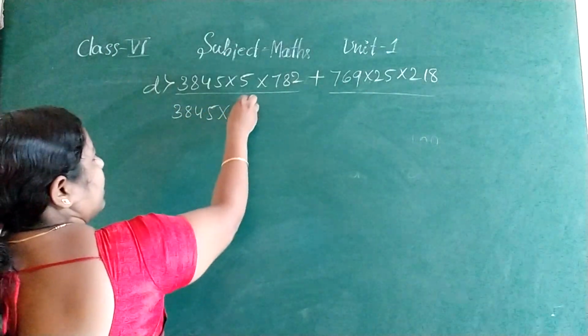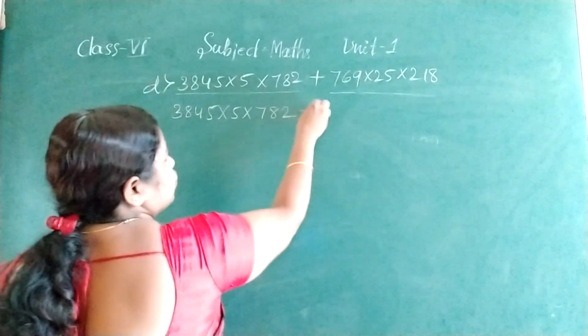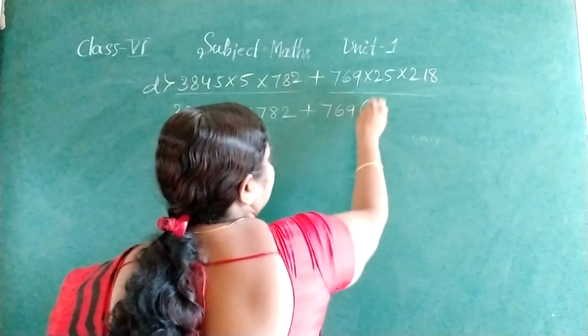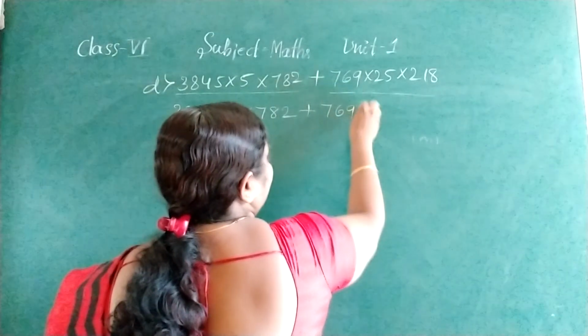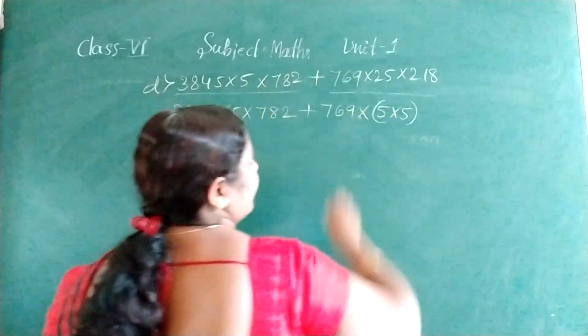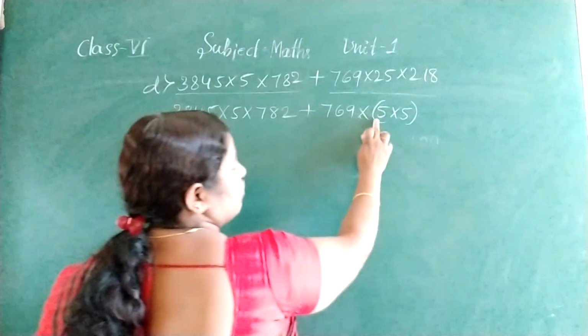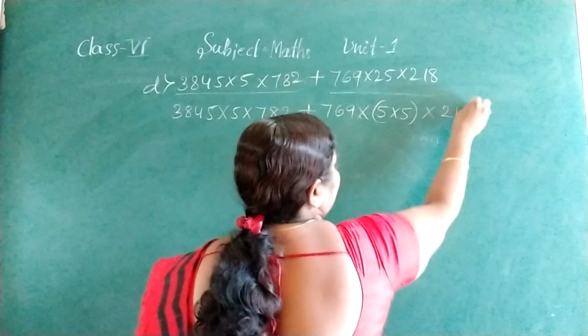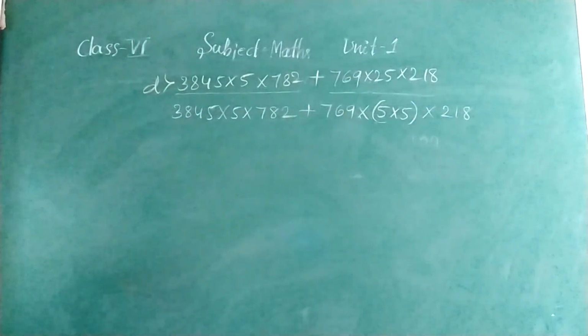Into 5 into 782 plus 769. 5 can be written as 5 into 5. Instead of 25, I will write 5 into 5. 5 5s are 25 again. So now we can take the common things outside.